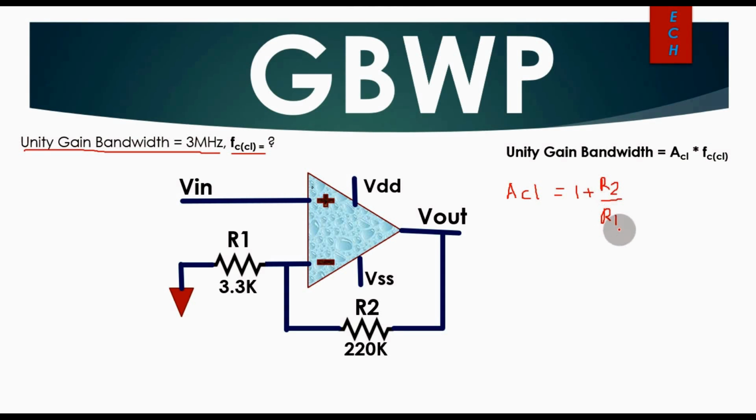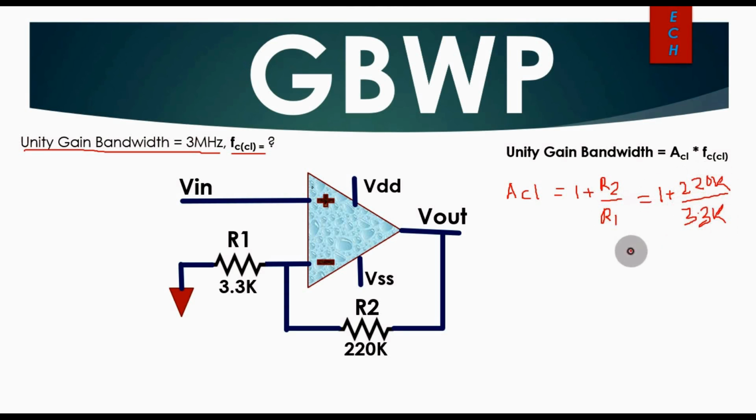Replacing the values, R2 is 220k, divided by R1, which is 3.3k.